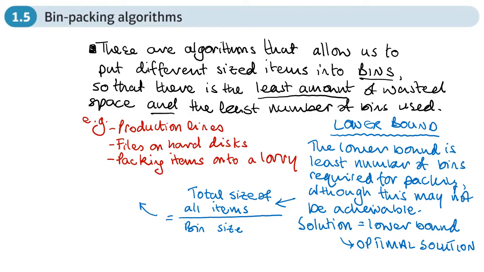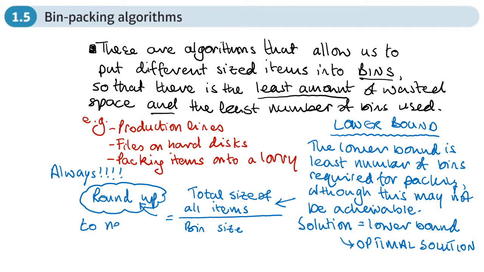Sometimes it gives us an integer, sometimes it doesn't. But whatever type of number we get, we always need to round up. Always round up. So even if you got something like 3.1, you'd round it up to 4. So round up to the next whole integer.